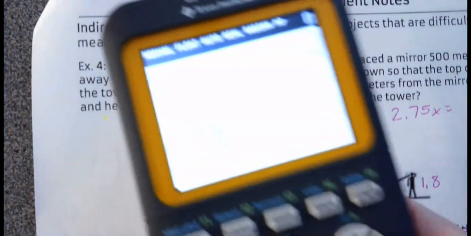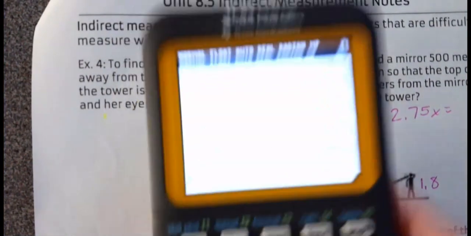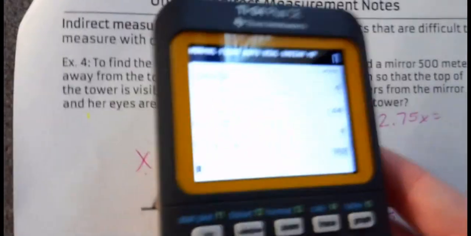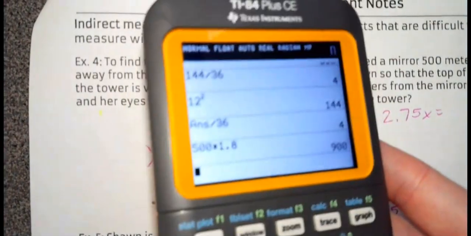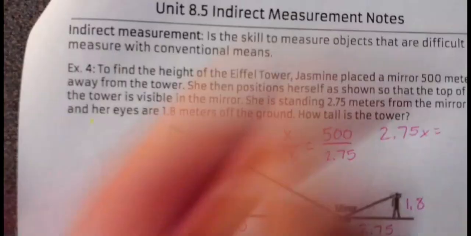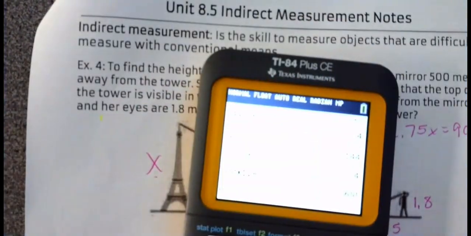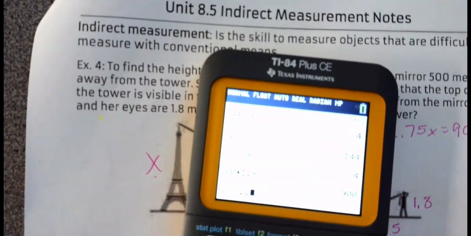So 2.75x equals 500 times 1.8. So you're going to get 900. Ooh, y'all can't see that. Okay. So I just did 500 times 1.8 equals 900. And then I'm going to divide 900 by 2.75.